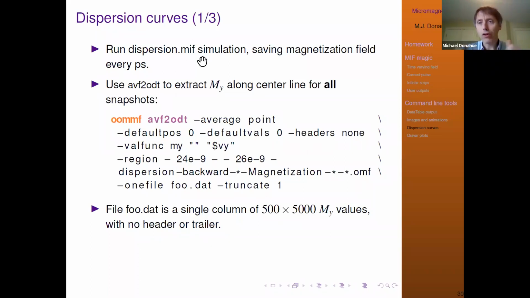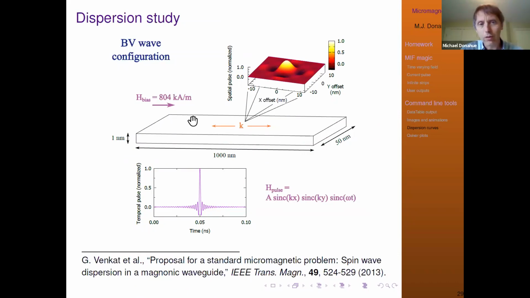Once you have that large collection of files, you use AVF to ODT, which I think came up in one of the questions I answered, to extract the Y component of the magnetization along the center line only. So we're going to collect magnetization just along the center. In this example, the spin waves are propagating along the x-axis, and we're just interested in the center.